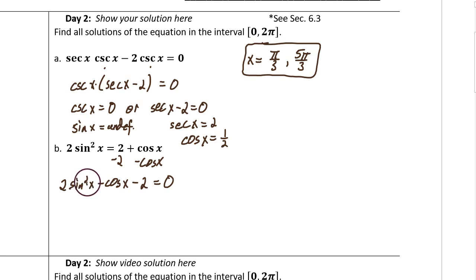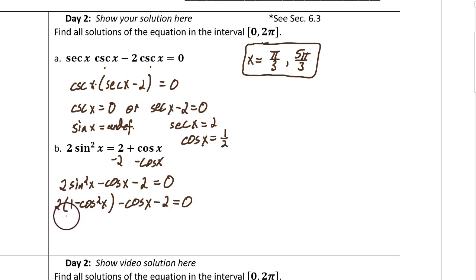Let's replace sine squared x with an equivalent expression that involves cosine. That expression is 1 minus cosine squared x. To get this, I used that one identity that was sine squared x plus cosine squared x equals 1.